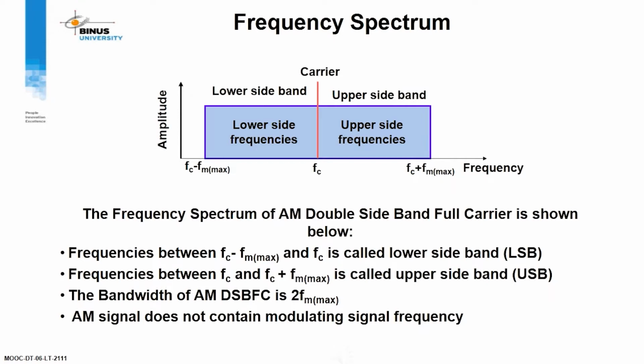Frequencies between F carrier and F carrier plus F M maximum are called the upper sideband. The bandwidth of amplitude modulation double sideband full carrier is 2 times F M maximum. The AM signal does not contain the modulating frequency.